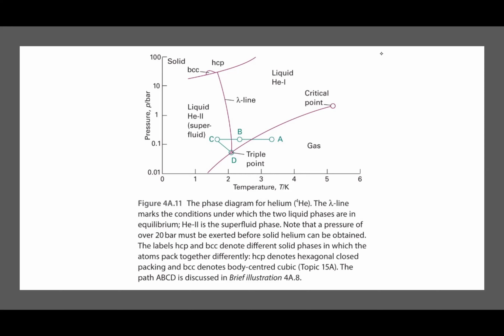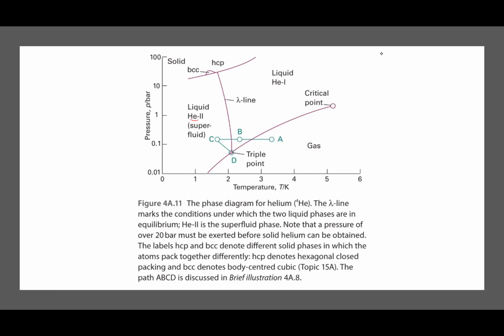So we have 2 different liquid phases in helium. We have helium-2, which is a superfluid. A superfluid is a liquid that flows without resistance, without viscosity. That's a better way of saying it. That's the difference between a regular liquid and a superfluid: it flows without viscosity, which is kind of interesting here.